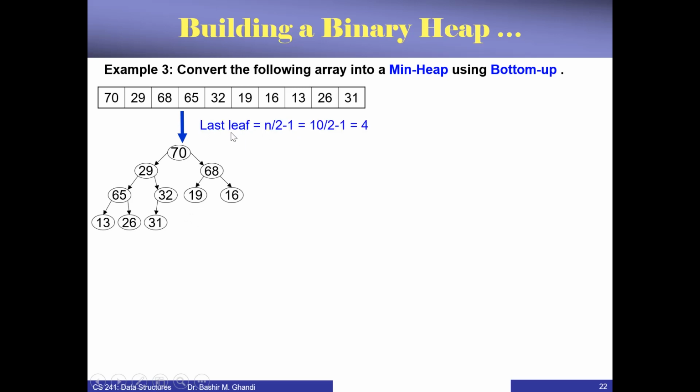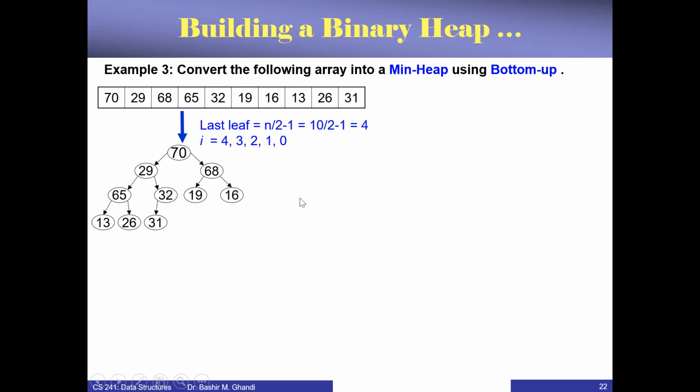Here I'm showing you how to calculate the last non-leaf, last parent. It's n over 2 minus 1, which in this case is 10 over 2 minus 1. 10 over 2 is 5, 5 minus 1 is 4. So the last parent is 4, or last non-leaf, either way you want to call it.